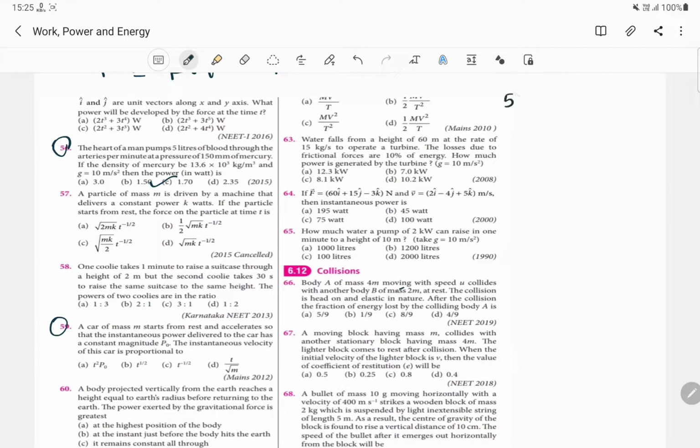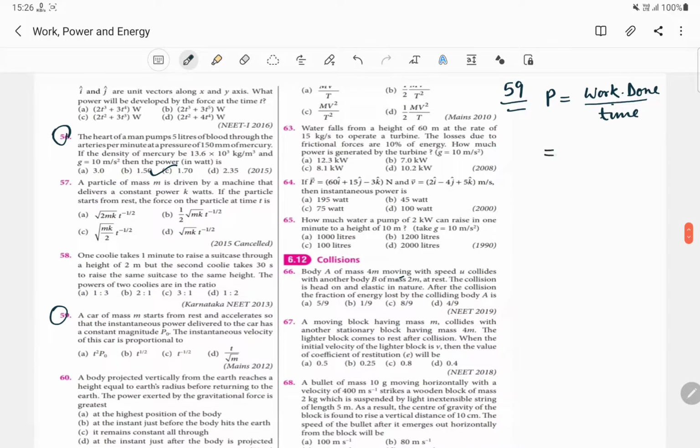For this question, power is equal to work done divided by time. And we know that by the work-energy theorem, work done equals the change in kinetic energy, because the body started from rest and goes with some velocity.